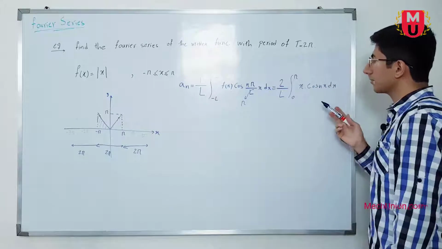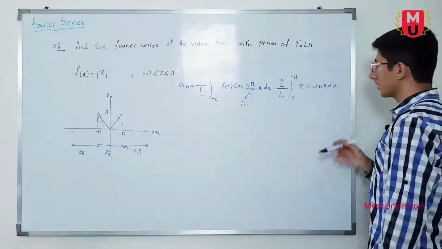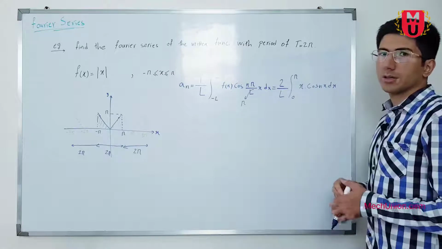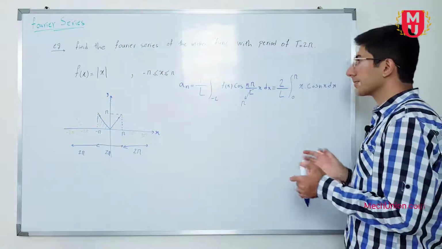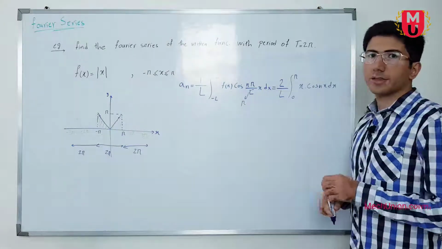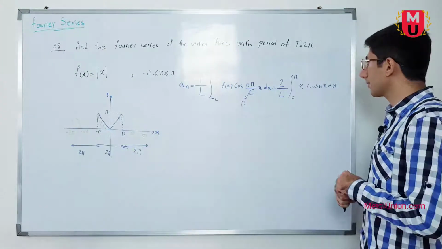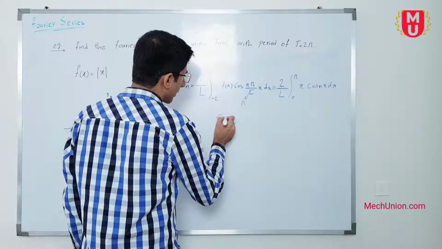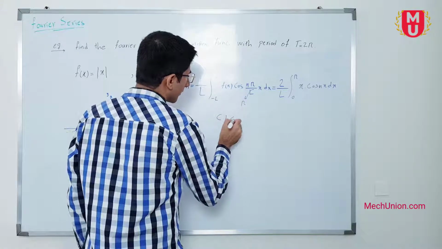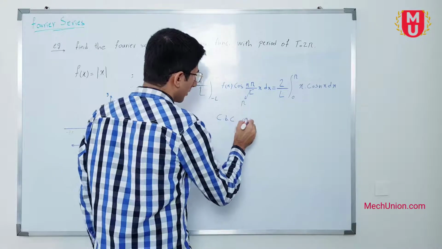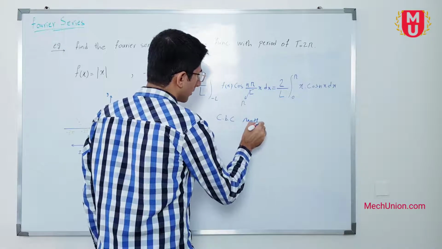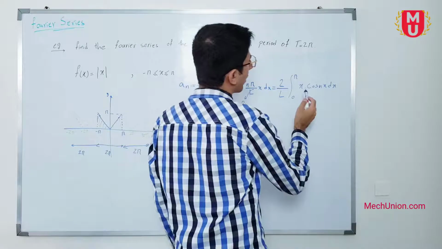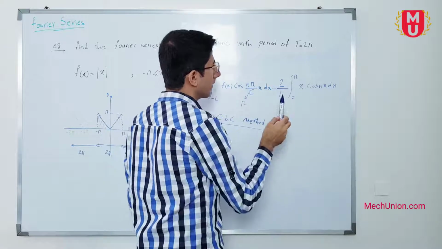What do you prefer to solve this integral? We should use the component by component method or DI method, differentiate integration method. We differentiate from one of them and integrate from another one.